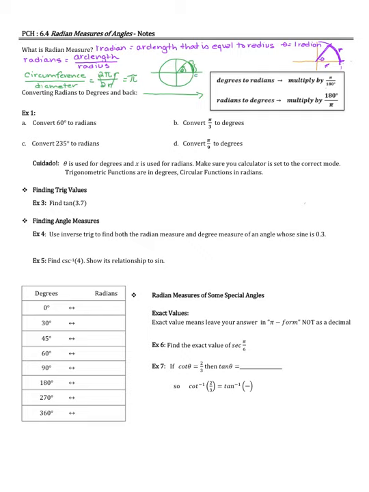Because we know that this is at 0, and if we go all the way around, that would be 2 pi, which is the same thing as saying 0 and all the way around is 360. If I went half that distance, half of 360 is 180, half of 2 pi is pi, so we know that these 2 numbers are equivalent distances. They're just 2 ways to measure the same thing.